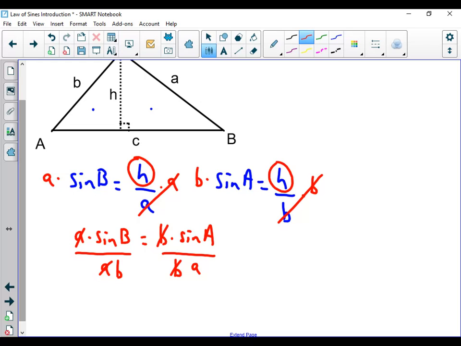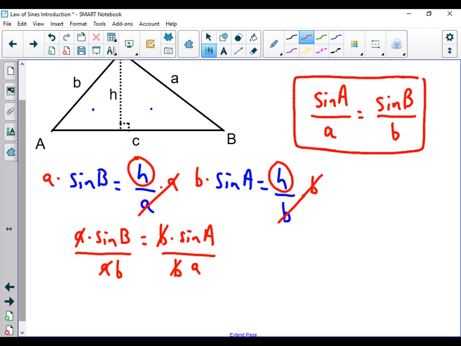We end up with this proportion, where the sine of angle A over side A is equal to the sine of angle B over side B. And this result has a special name. This is what's referred to as the law of sines.